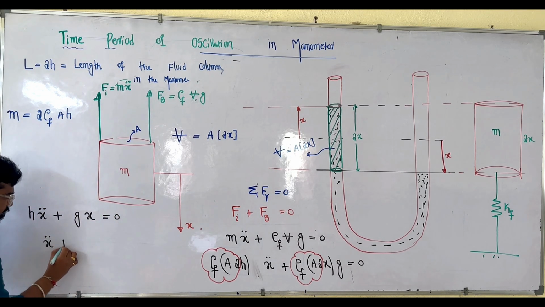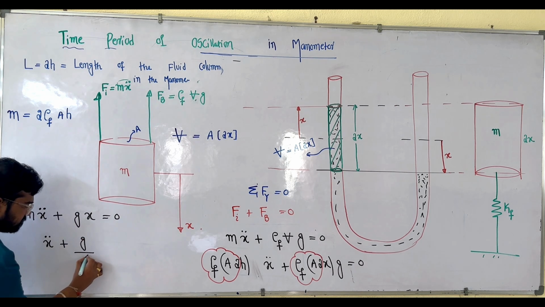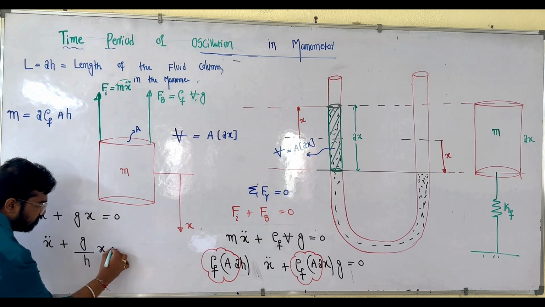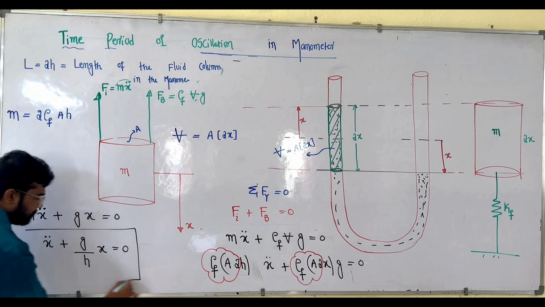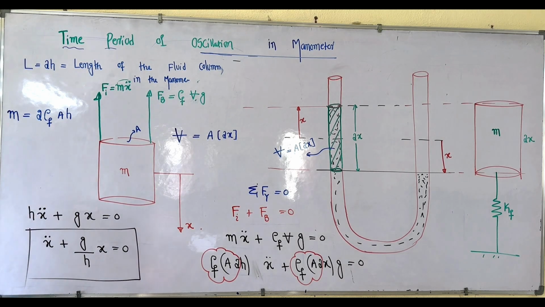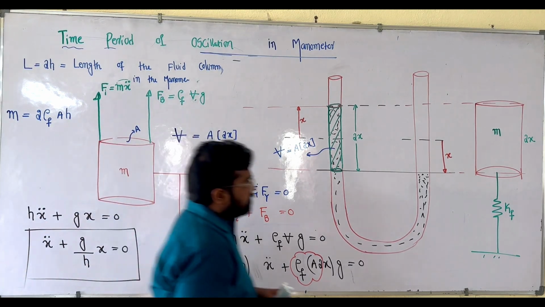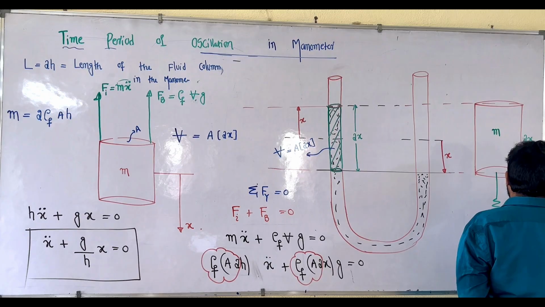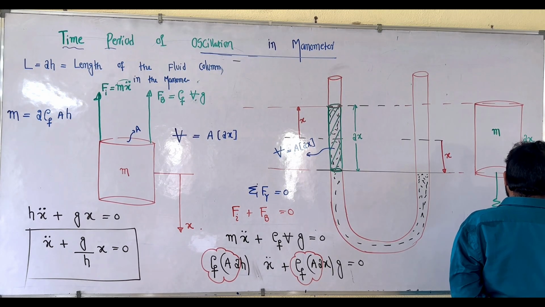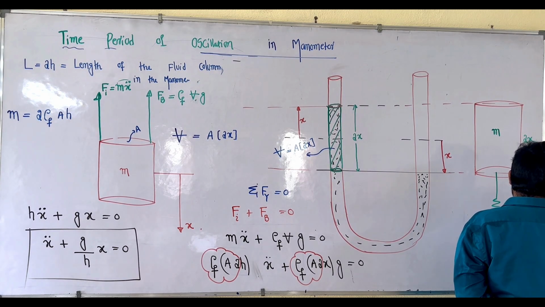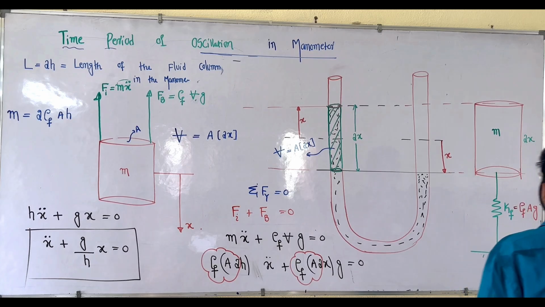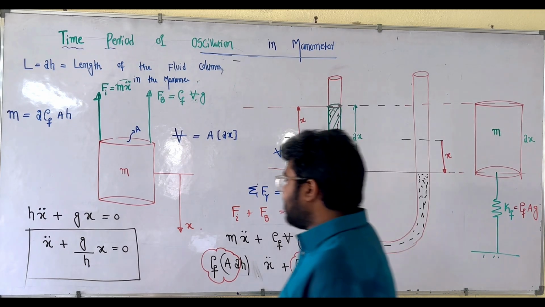So x double dot plus G by h into x equal to 0. h is the height of the fluid column in the left limb or right limb. So this follows SHM. The stiffness is density of the fluid into A into G.